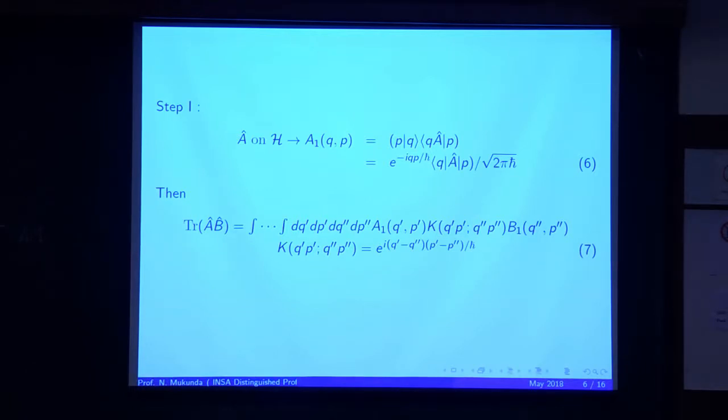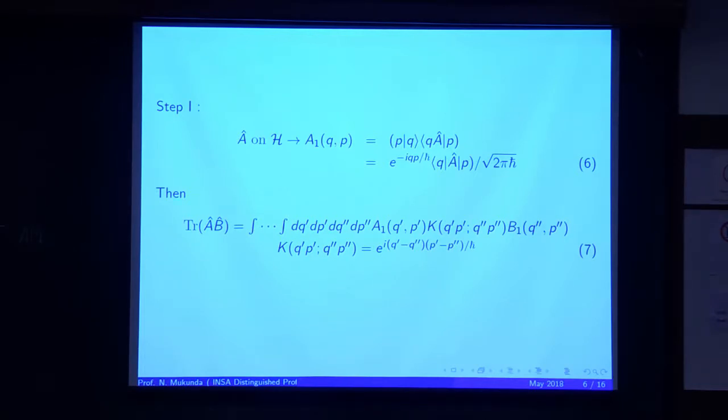There is no statement that if A is Hermitian, the result will be real. Not at all. In general, A1 will be complex even if the operator is Hermitian. Having made this, it is very important in this context that this plane wave factor is always non-vanishing. That plays a key role in the arguments.